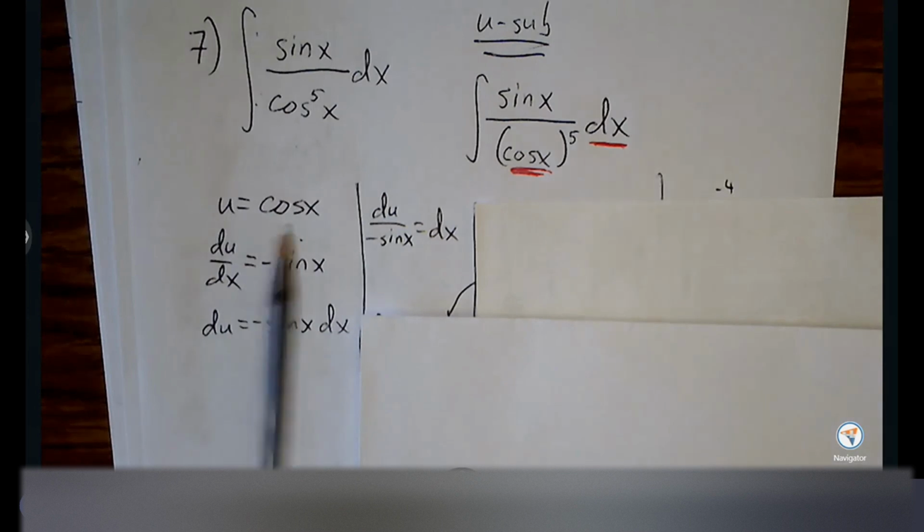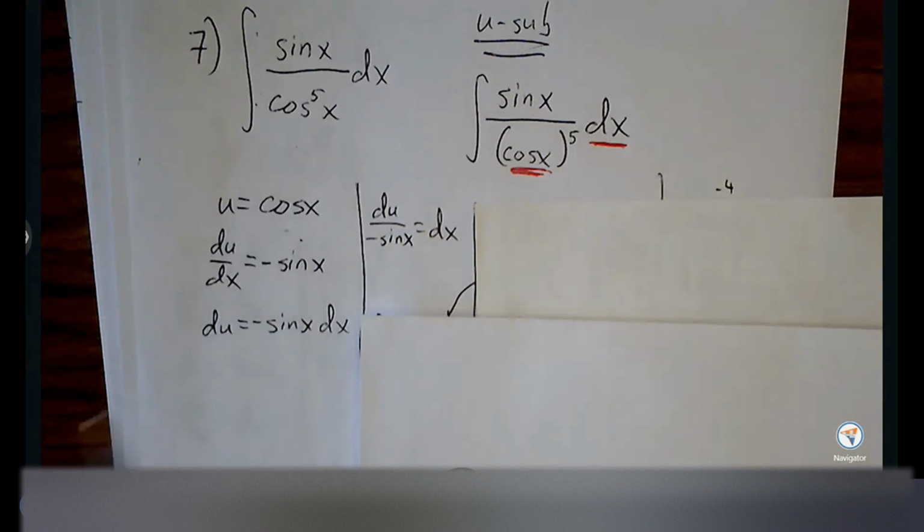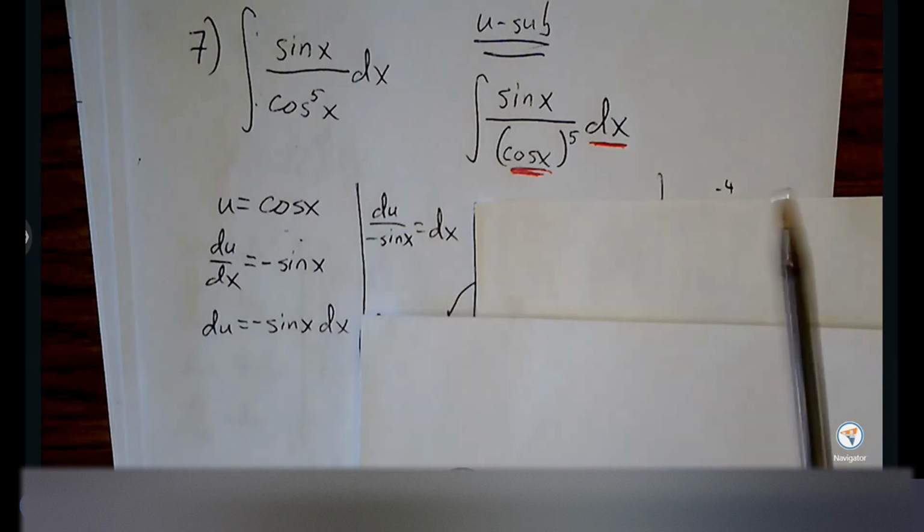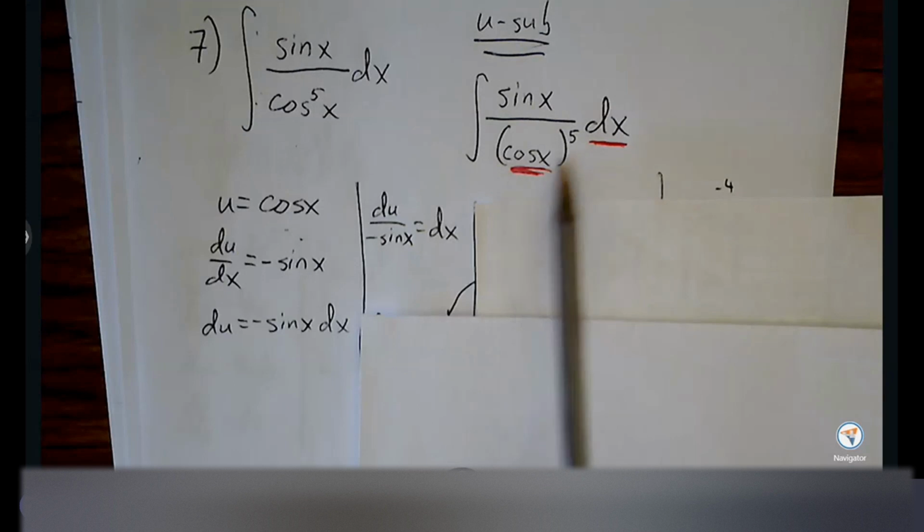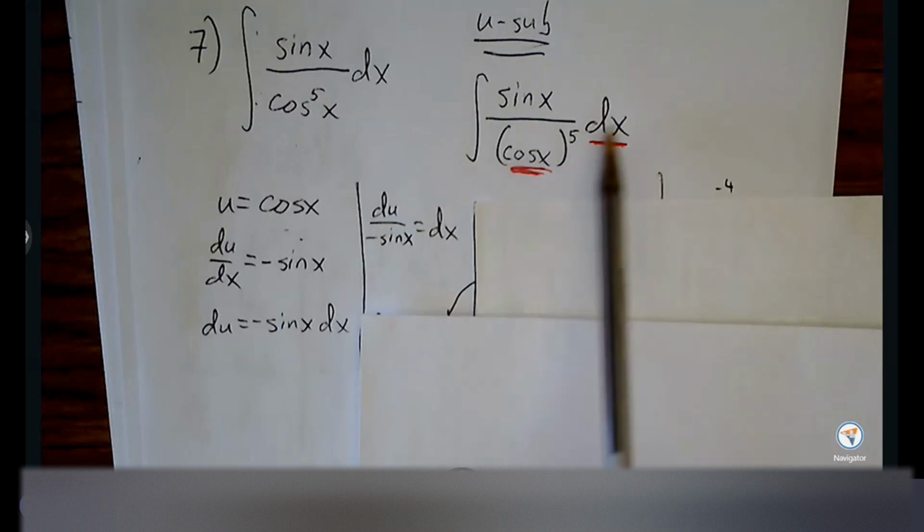Okay, u equals cosine x, du dx equals negative sine x. That's what our formula sheet tells us. Cross multiply, solve for dx, and we can begin to make our initial set of substitutions.